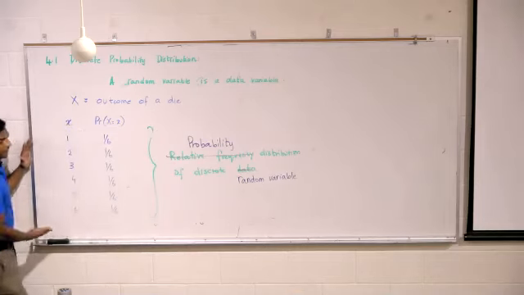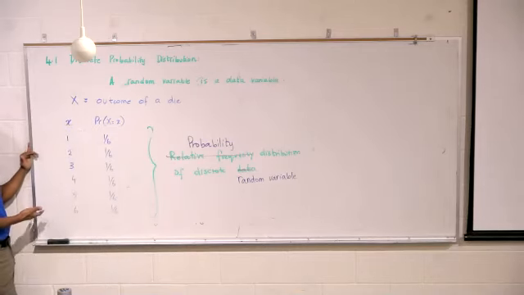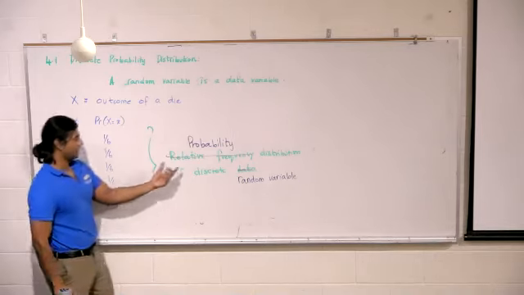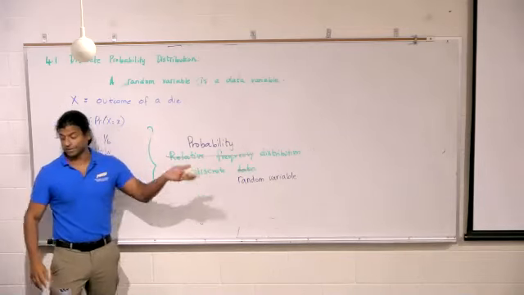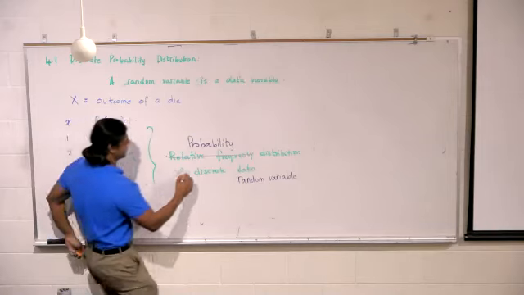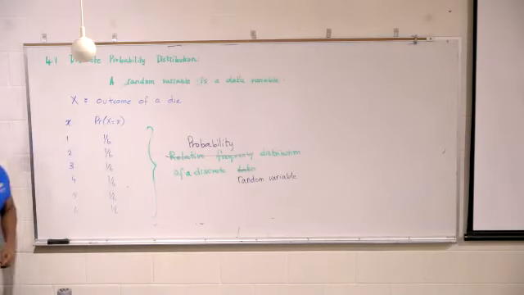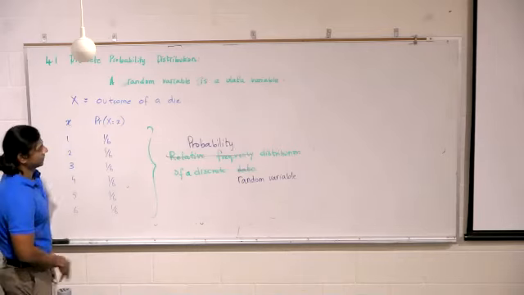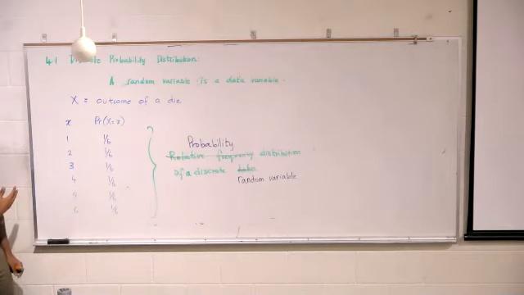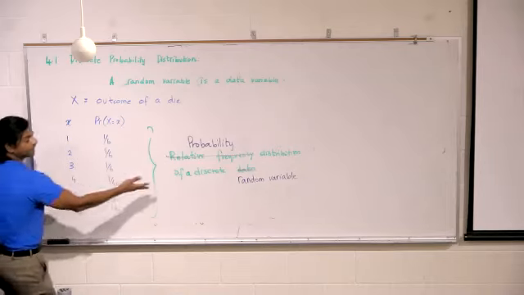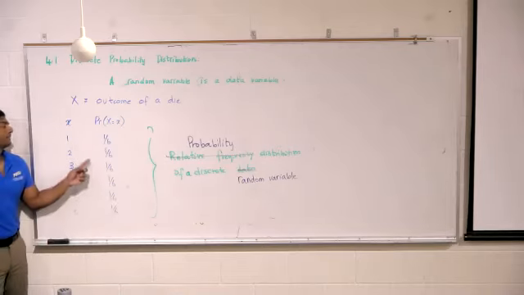So what we have here, a relative frequency distribution of discrete outcomes, in informal terms is simply the probability distribution of a discrete random variable. That word "a" needs to come in for it to make sense. So a probability distribution and a relative frequency distribution are one and the same, but this is for form.